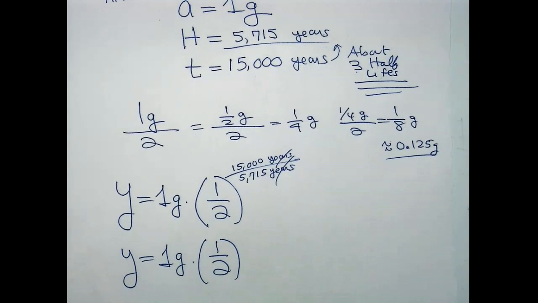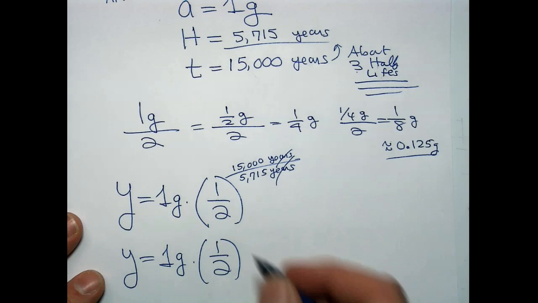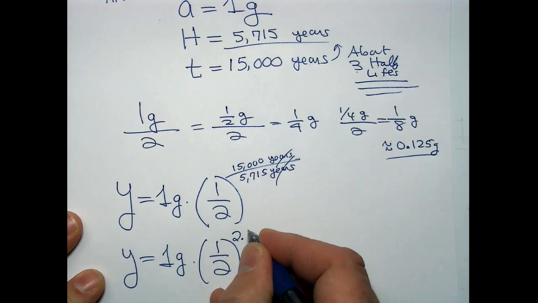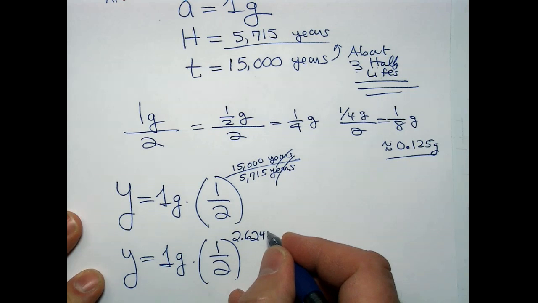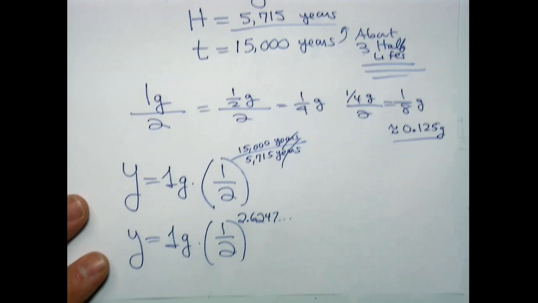And there's no units for my base either. And I want to take that and raise it to the 15,000 divided by 5,715. So I'm working that out now, just so we can finish this. And like I said, it's about 3 half-lives, but it's actually 2.6247 basically, and it does go on forever and ever.